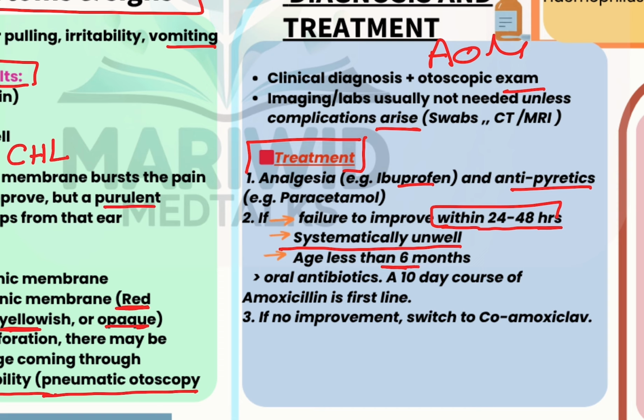We start with an oral antibiotic. A 10-day course of amoxicillin is usually the first line. If there is no improvement, we switch to co-amoxiclav.